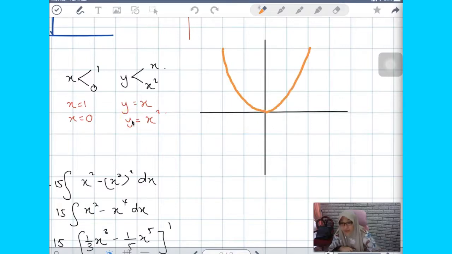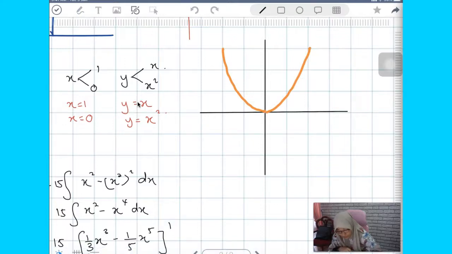Okay, and then you have a straight line. Yeah, a straight line. Okay, I should use a ruler, right? Okay, so that is a straight line.